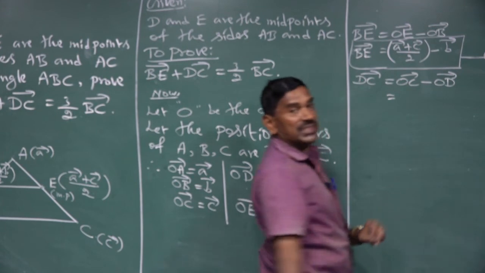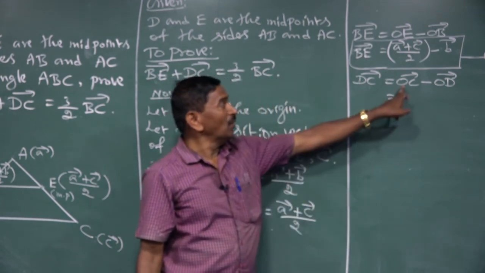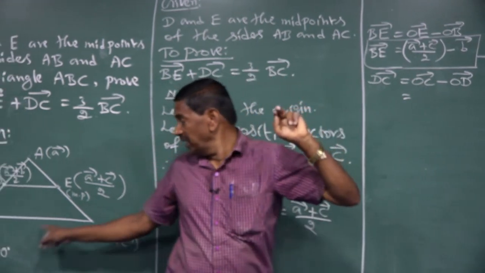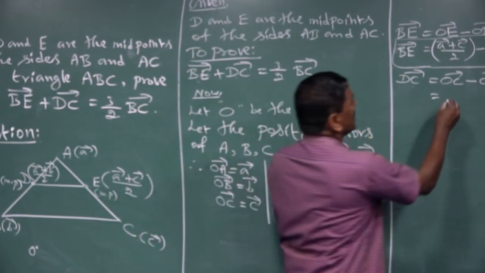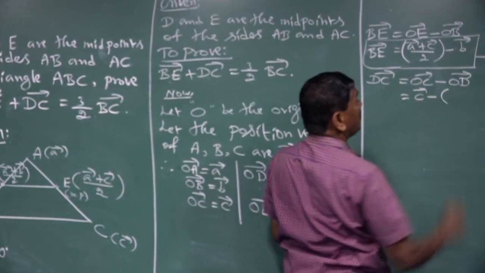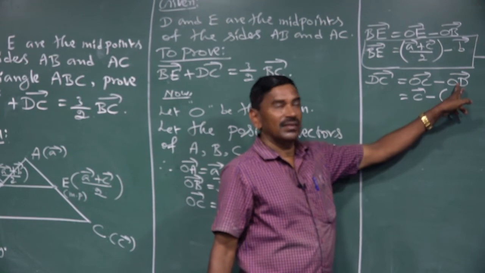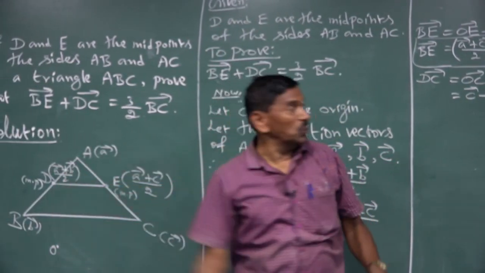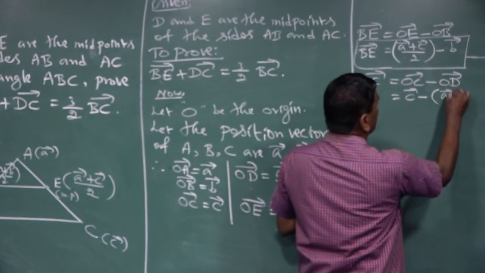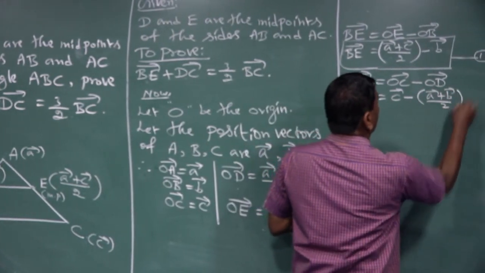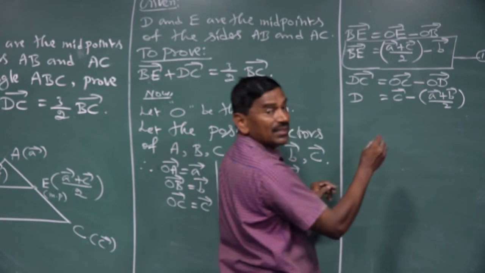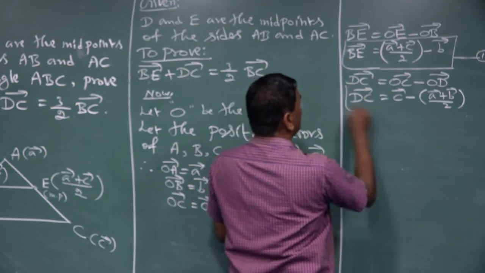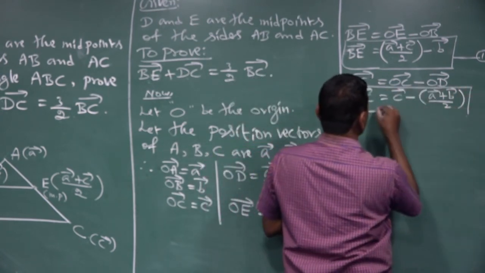OC vector is C vector, minus OD vector. OD vector is equal to (A vector plus B vector) by 2. Which is DC vector. Box it. This is the second equation.